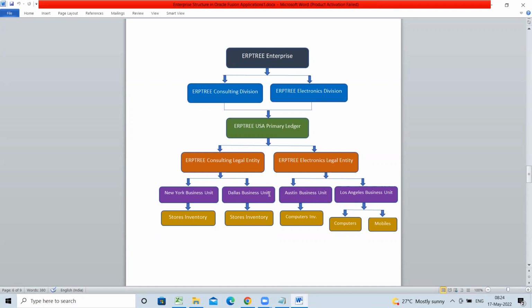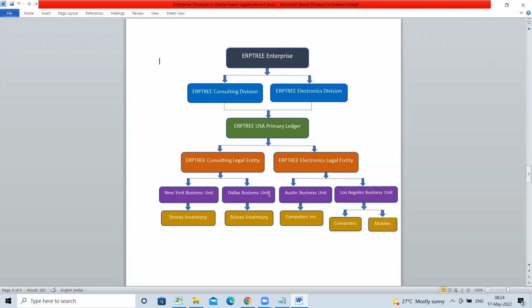Then in payables, when you create the transaction, you will select the business unit, company, department, and account, and also which division the transaction belongs to. Accordingly, you can create the transactions and generate the reports also.